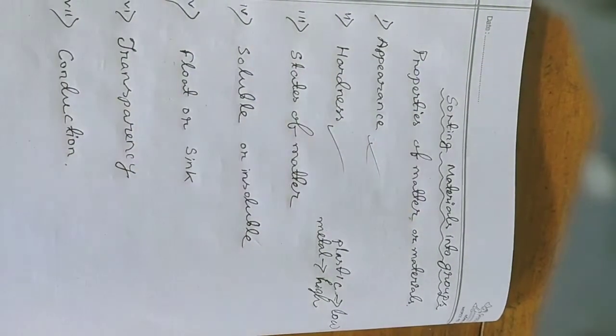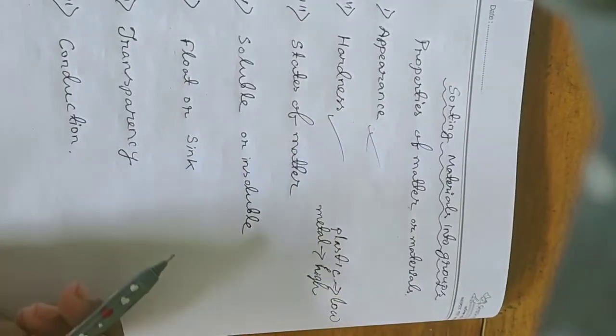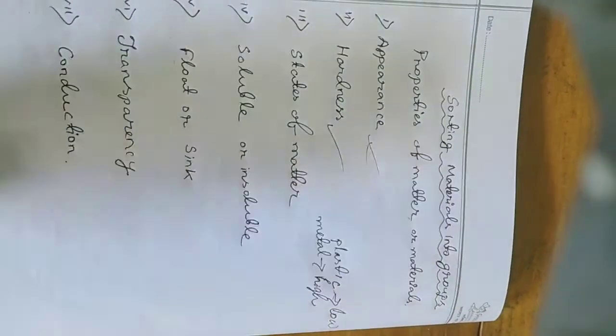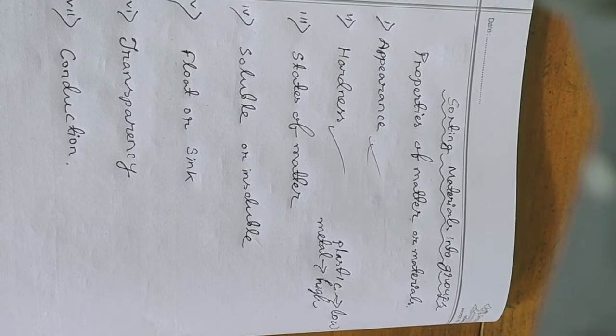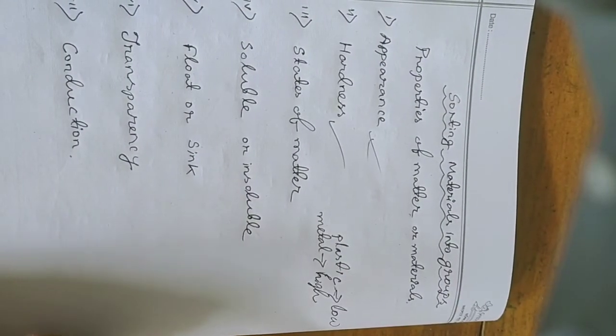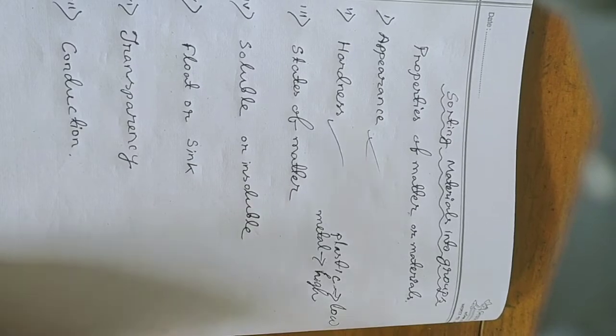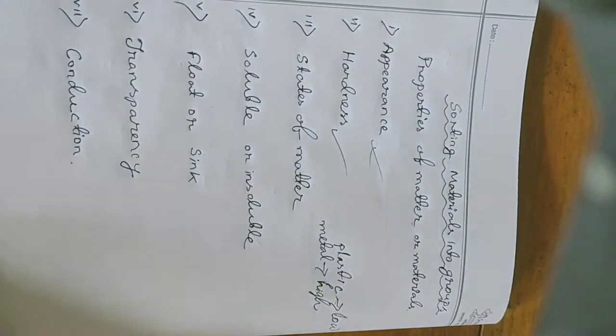Then let's move on to number 4, soluble or insoluble. Some materials can dissolve in water, and some cannot dissolve in water. For example, oil. You have oil in your house, mustard oil, kerosene oil, anything.